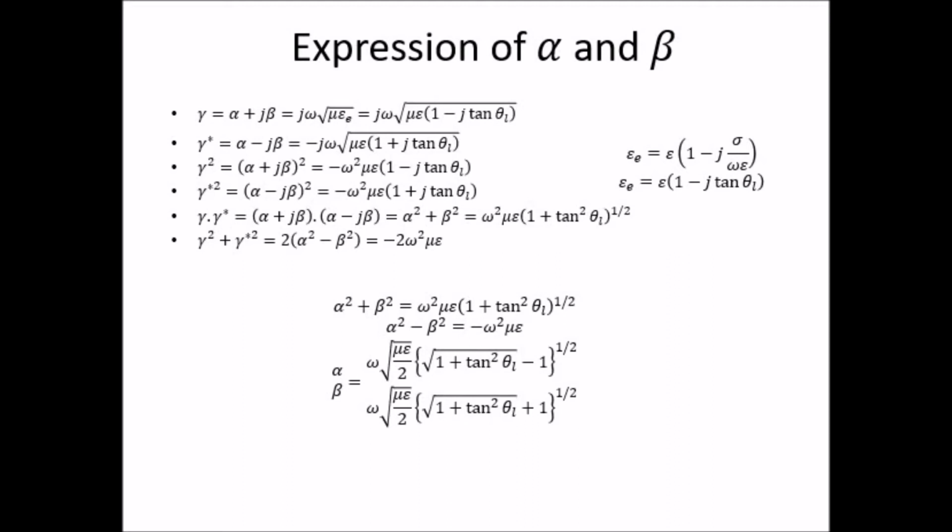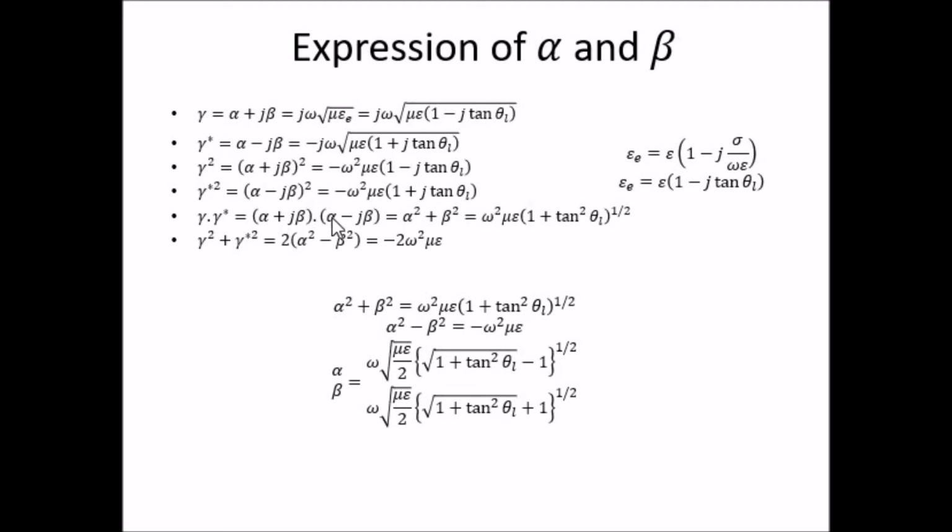So we got negative omega squared mu epsilon times 1 minus j tan theta L. Now if you take the square of gamma conjugate, that means alpha minus j beta squared, and the other side will be j squared omega squared mu epsilon times 1 plus j tan theta L. And again j squared will be negative 1, so you'll get negative omega squared mu epsilon times 1 plus j tan theta L.